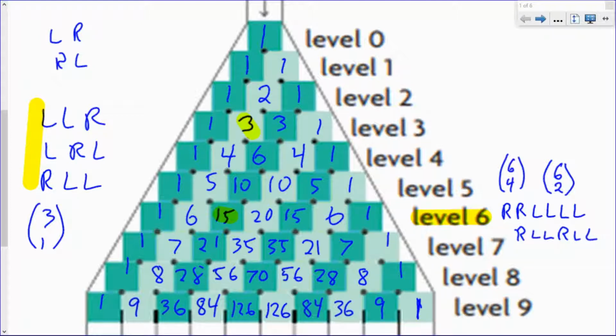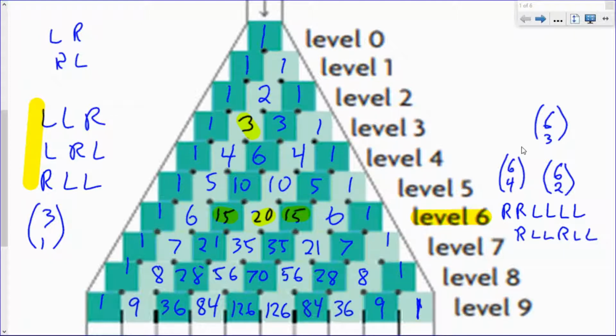You might also look at 6 choose 4 as being this space right here, which is also 15. It doesn't really matter. What about the 20? Well, 20 is 6 choose 3. 6 left and right turns, choose 3 of them to be right turns. So maybe the first 3 are right, right, right, right, and the rest are left, left, left, left. 6 choose 3.